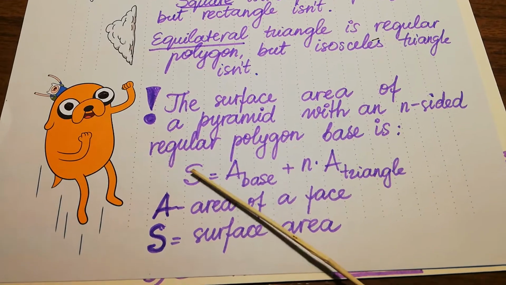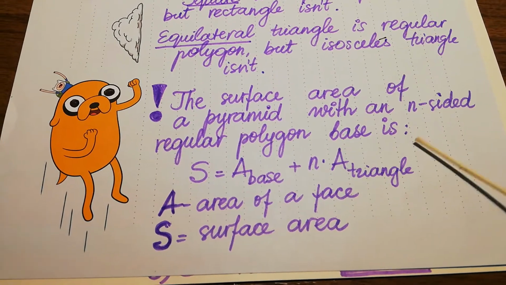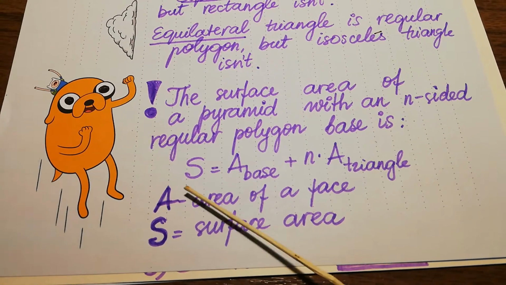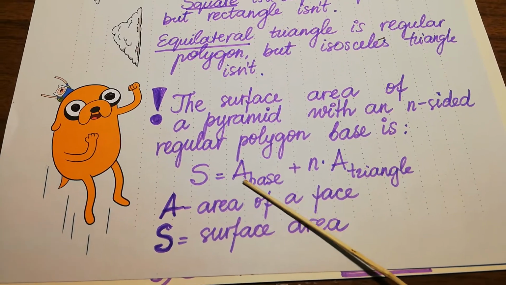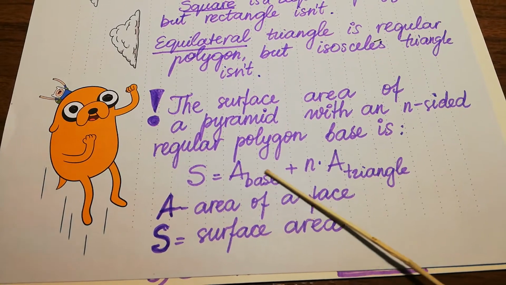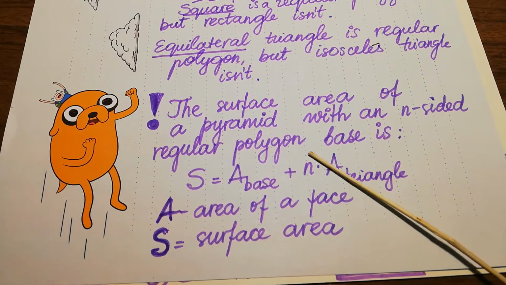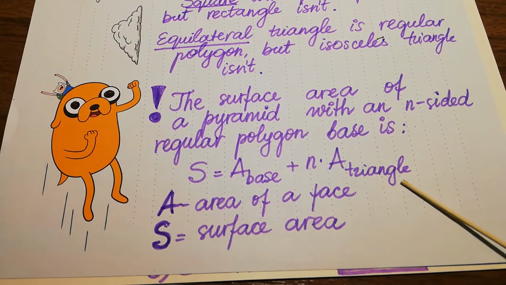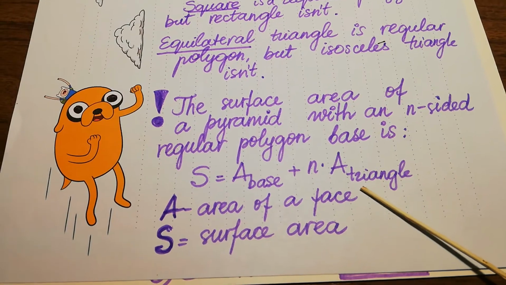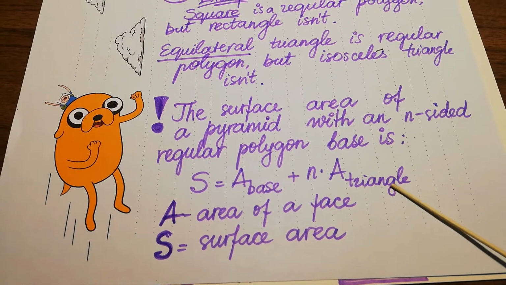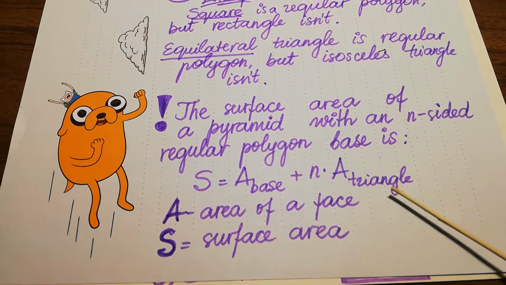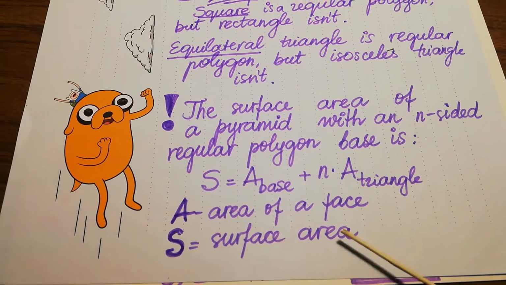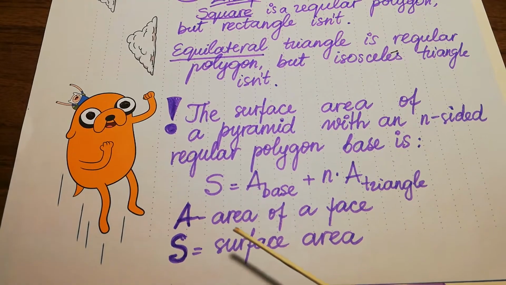With an n-sided regular polygon base, the surface area we can say as S, is the area of the base plus n multiplied by the area of these triangles, which are the faces of the pyramid.